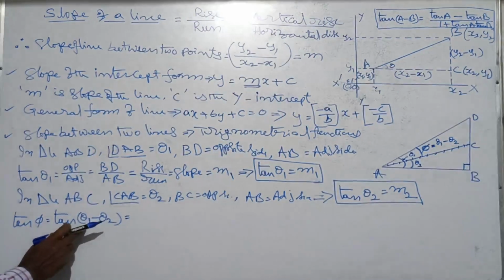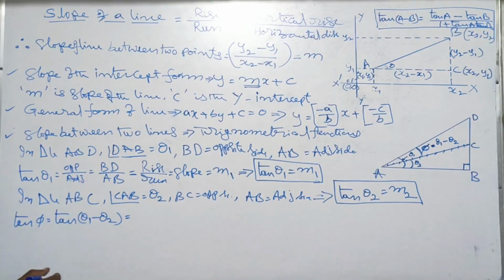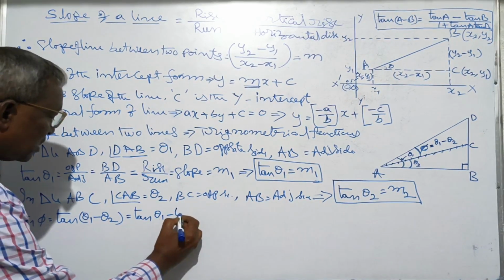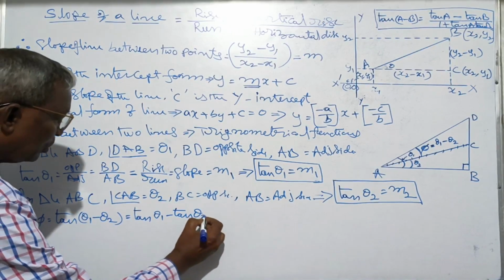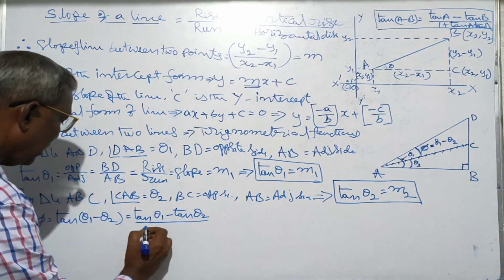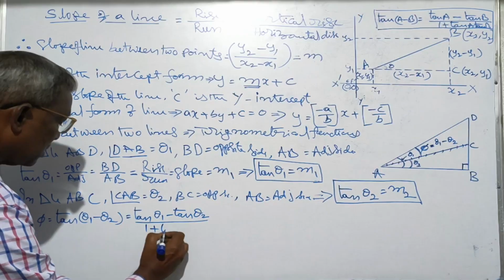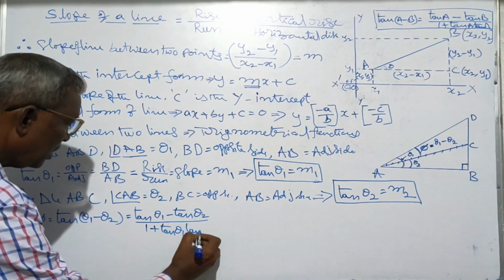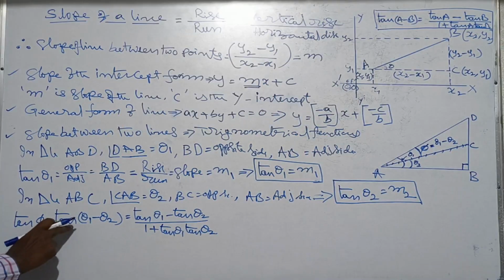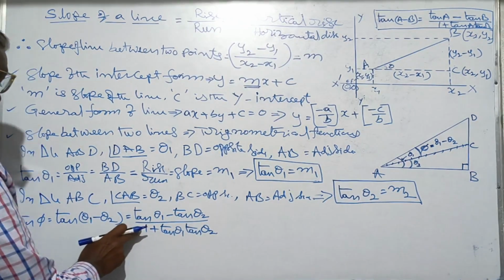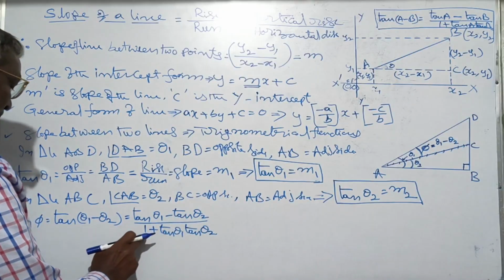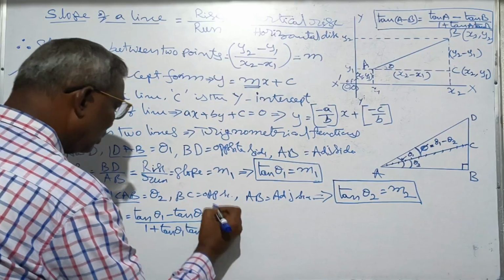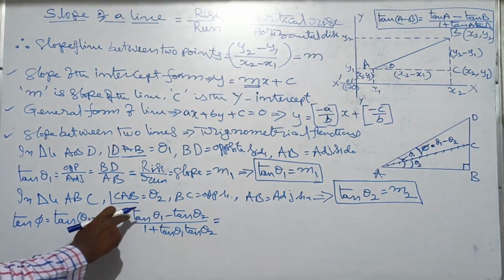Similarly, here also tan of theta 1 minus theta 2 is equal to tan theta 1 minus tan theta 2 by 1 plus tan theta 1 into tan theta 2. What is tan theta 1 here?